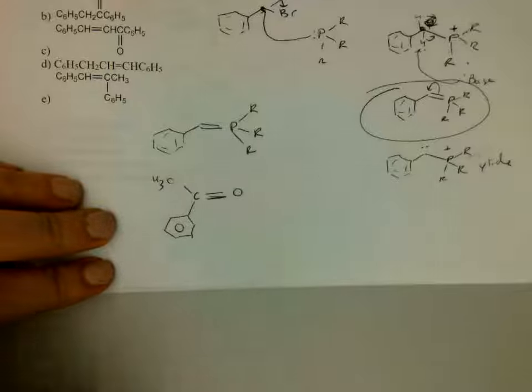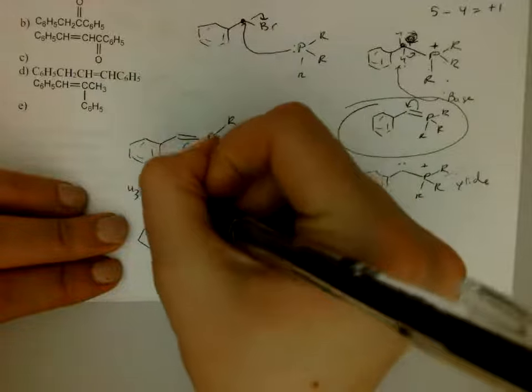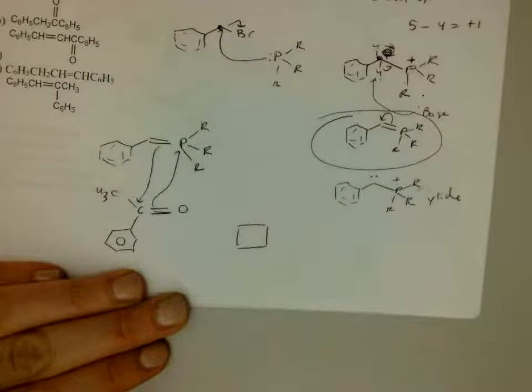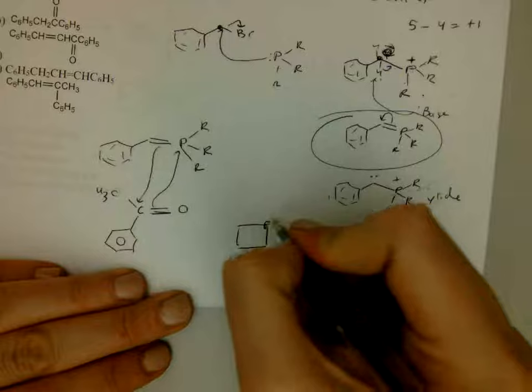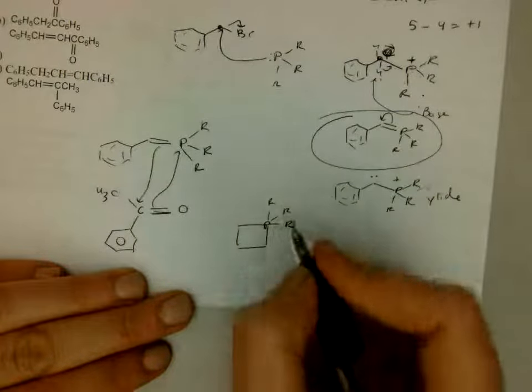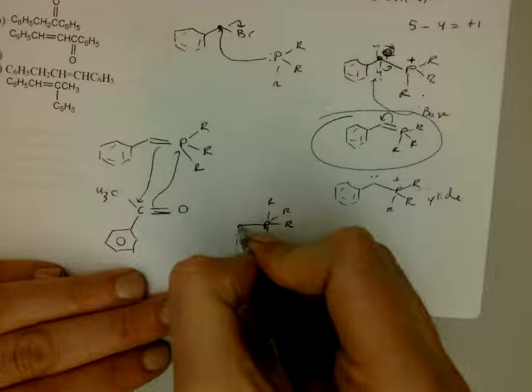Okay, so what happens is, this attacks here, and this attacks here, and it makes what's known as a box. Obvious box. The phosphorus makes up one corner. This carbon right here makes up the other corner.